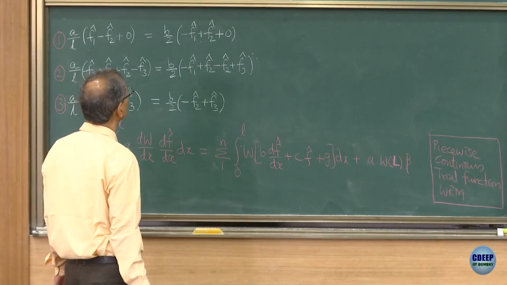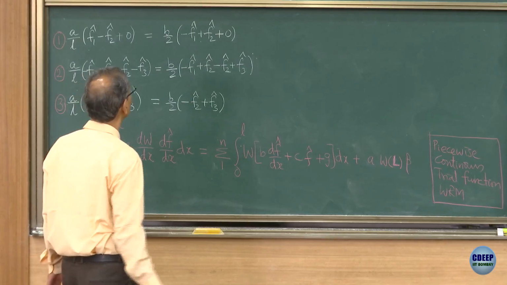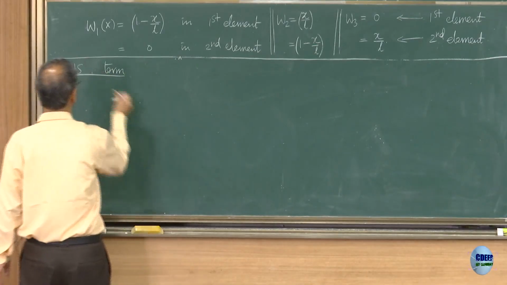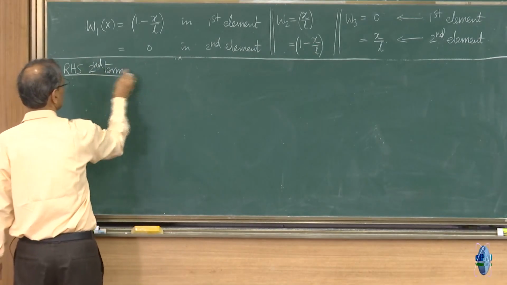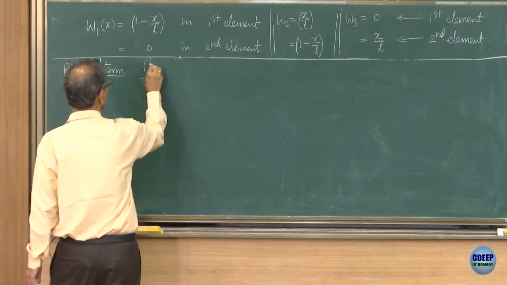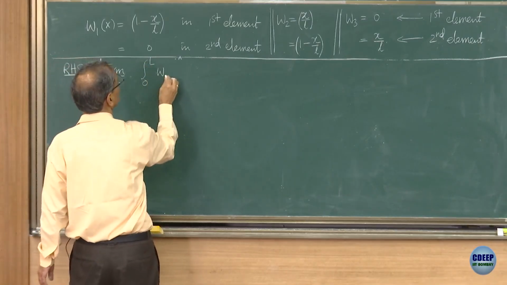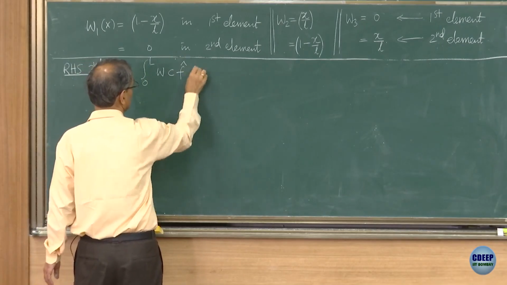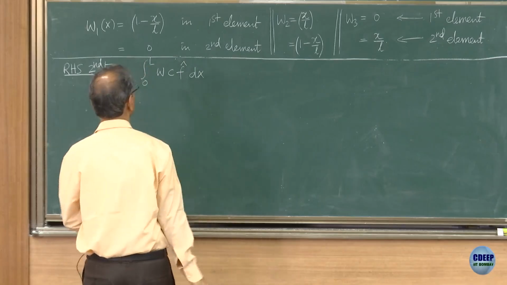Now, do we have the second term so far? So what I am aiming to get is integral 0 to L W C F hat dx. This is what I want to get.